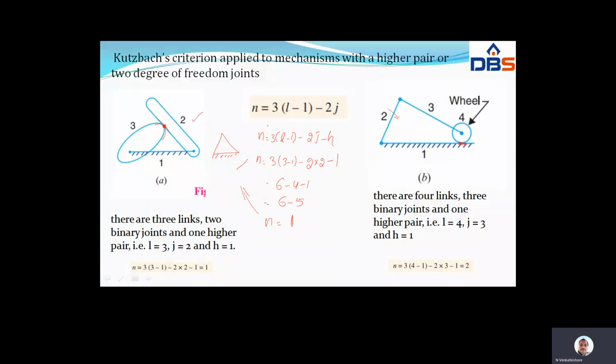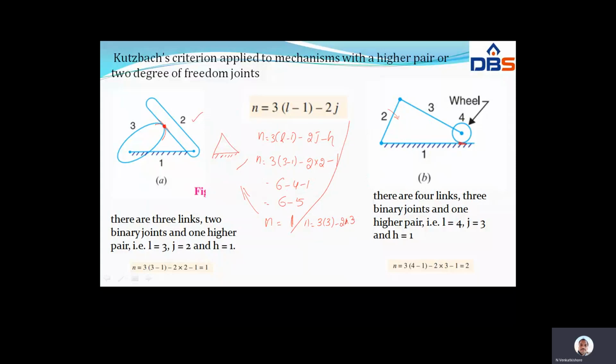So in this case, what is the relation? N is equals to 3 into 4 minus 1, that is 3, minus 2 into number of joints. How many joints are here? 3: 1, 2, 3.